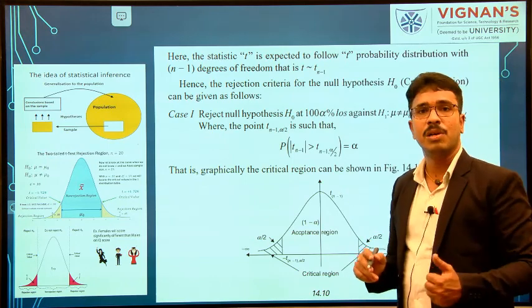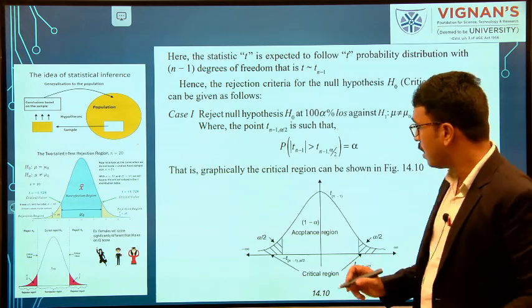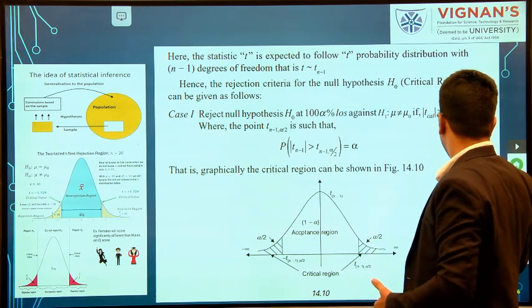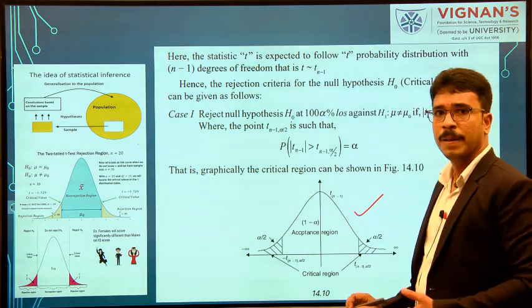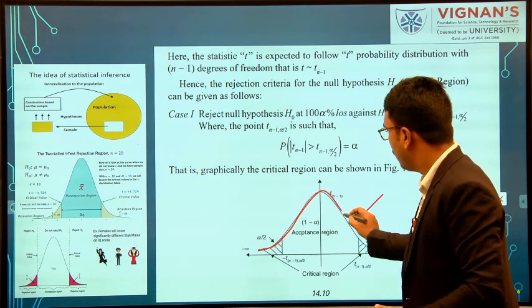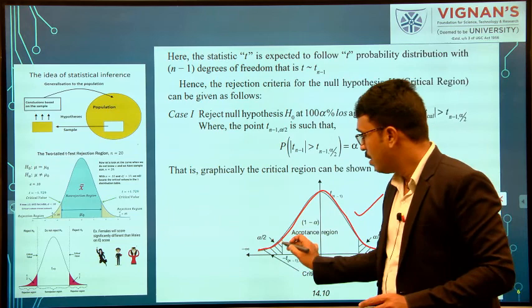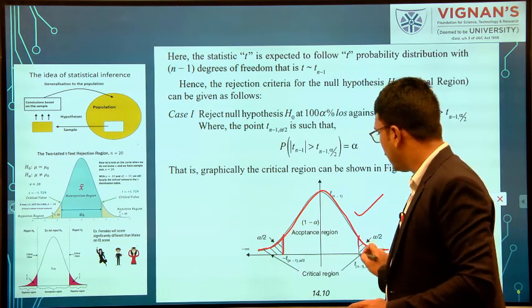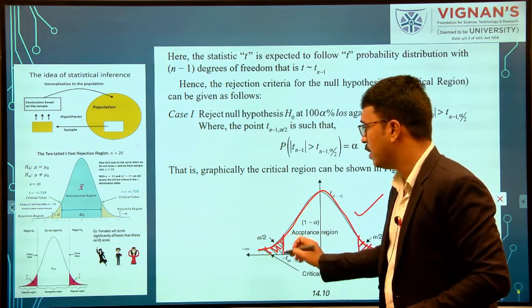And even in the last class, I told you in detail about the probability density curve, which you can see here. So, this is the probability density curve, where there is a region which is nothing but the critical region.